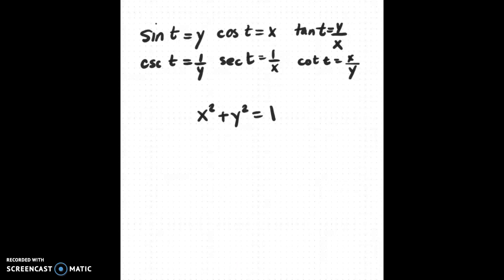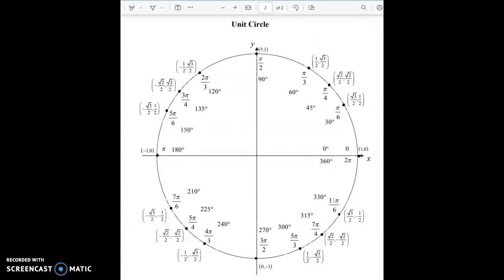So now if it asks you to find the sine of pi over 3, you can look at the unit circle and say, well, the sine of any angle that's on the unit circle is equal to y. So that means if I go to my unit circle, where is pi over 3?